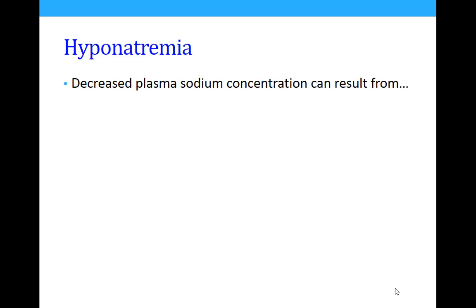You imagine a glass of water and you have some sodium in the water. Okay. How can you reduce the sodium concentration in this glass of water? There are two ways. Either you take out some salt from the water, or you add some more water to this solution. So two ways you can reduce sodium concentration, right?